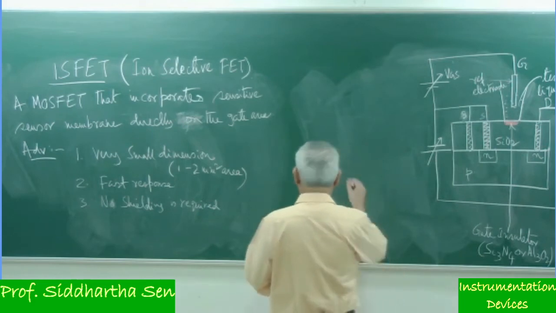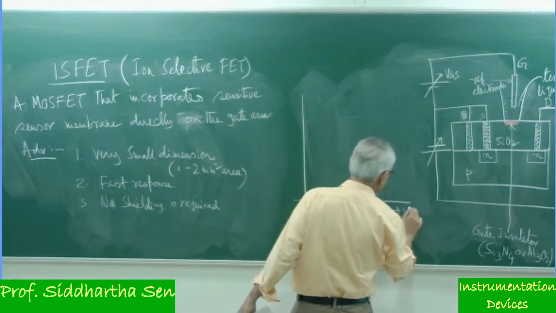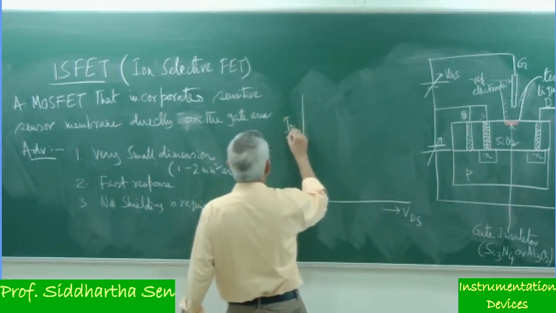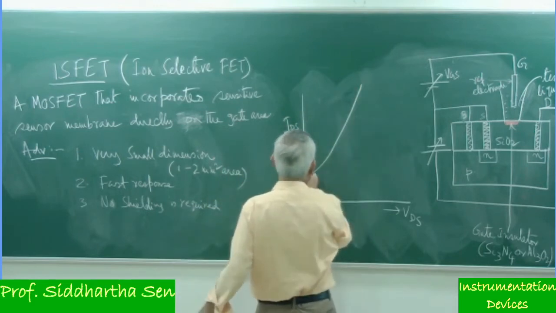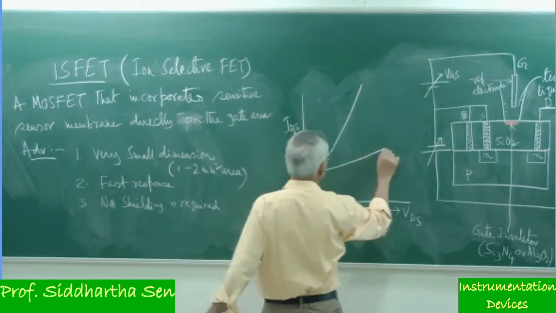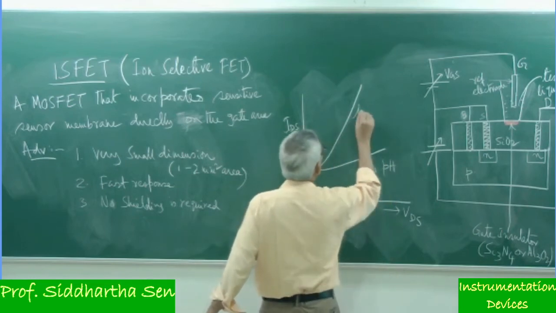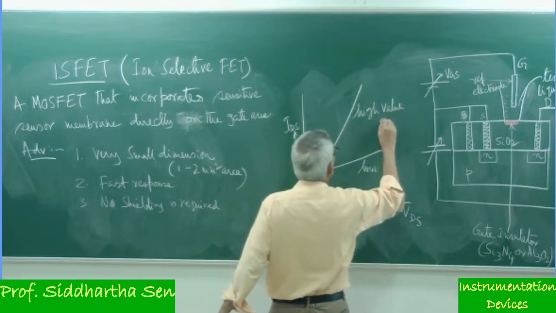If we look at the VDS, IDS characteristics, it changes like this, for low value of pH and high value of pH.